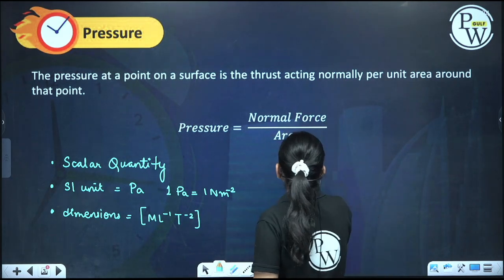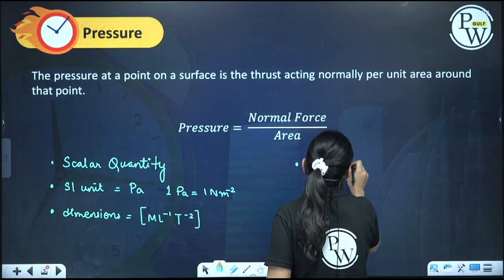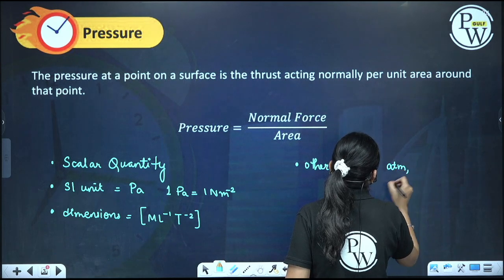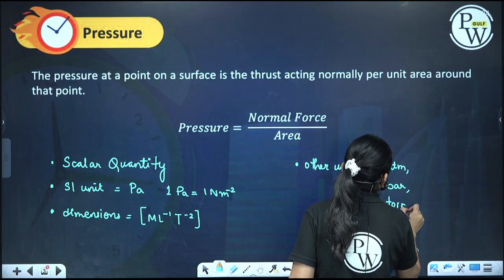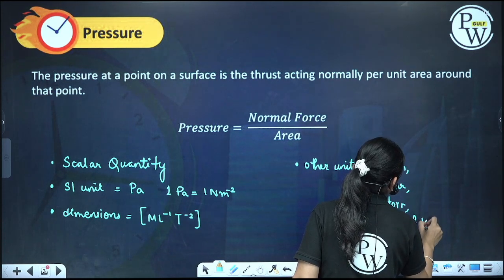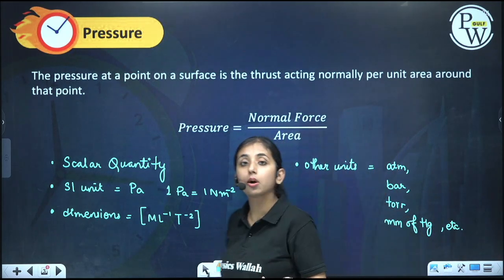There are other units of pressure: atm, bar, torr, mm of Hg, etc.